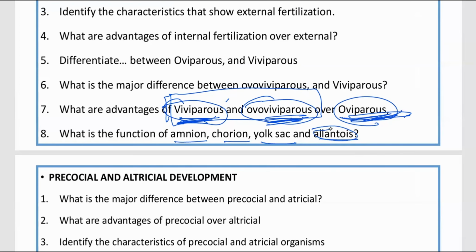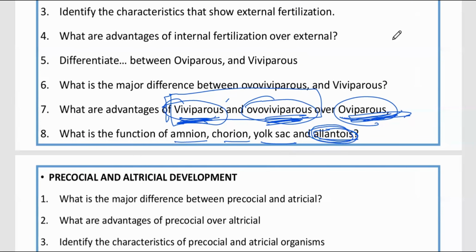Allantois is responsible for storage of wastes. I will not say it is, but I'll call it a toilet. It's a toilet where wastes are being stored when the baby is developing, but you can't say it's a toilet in the exam.